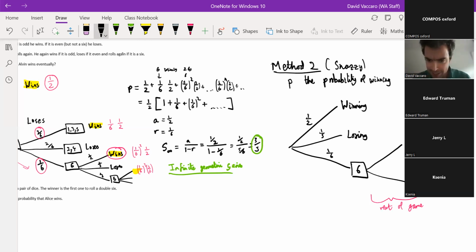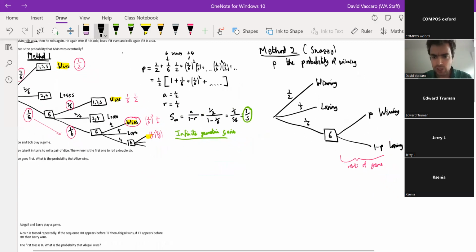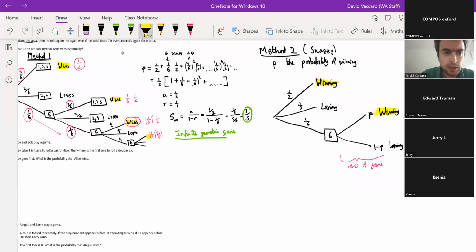Hello. Right. So now we can get the overall probability of winning. Which is P is equal to a half. And that's just the probability of winning on the first throw.